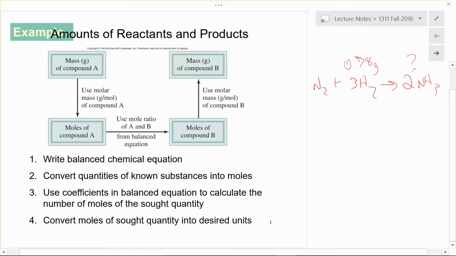You want to know how many grams of NH3 you could produce. So 0.78 grams of H2 converted to the grams of NH3 from the grams of H2.